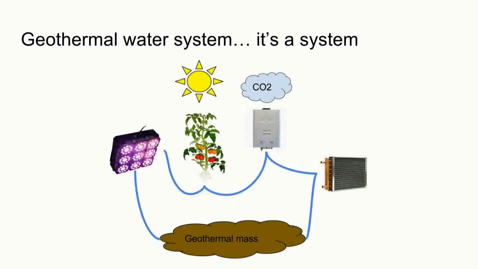A geothermal water system is a greenhouse that has some geothermal mass, some soil that's used to either heat or cool water, which in turn is used to transfer energy around different components in the system to try and maximize the efficiency of the system as a whole, move the energy where we need it or away from things that don't need the energy to heat, cool, things like that.